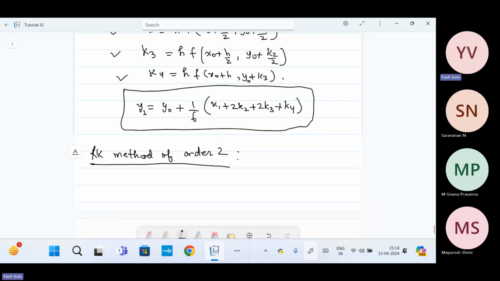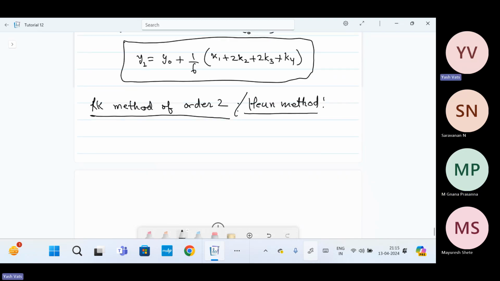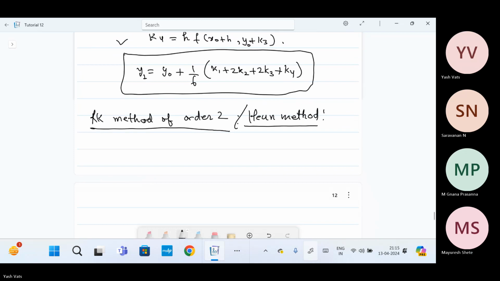So what is the RK method of order 2? It is also called the Heun method. It is basically this one. k1 is equal to h f(x0, y0). k2 is equal to h f(x0 + h, y0 + k1).